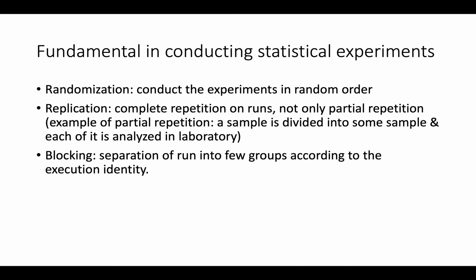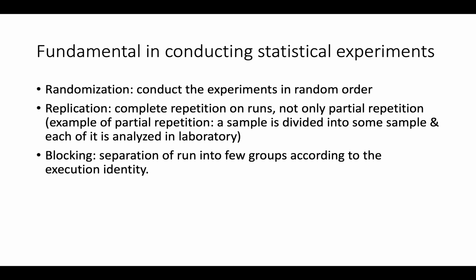There are several terminologies that we need to know in conducting statistical experiments. The first one is randomization. Randomization means that we conduct the experiments in random order, so we don't have any particular preference in the order of the experiments.